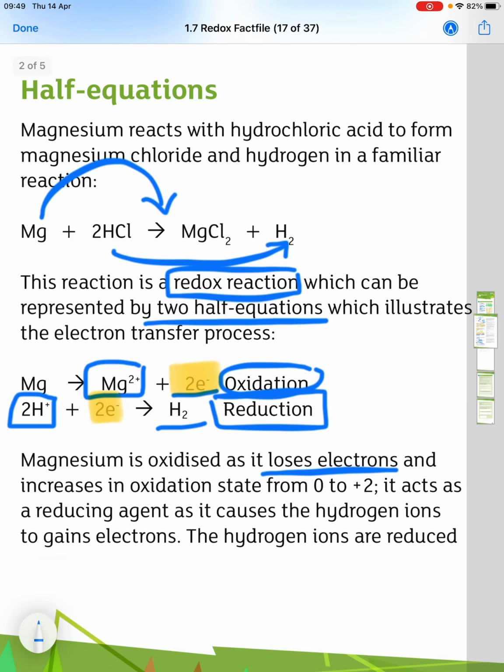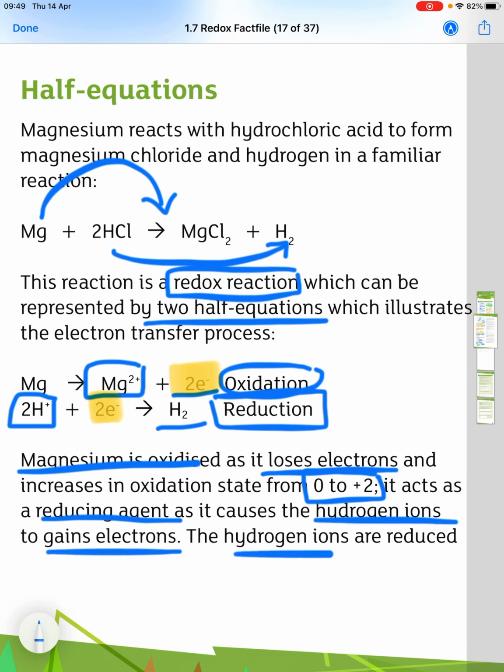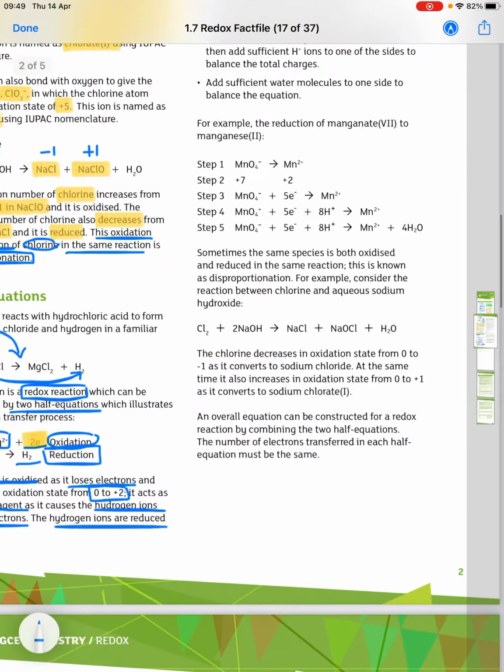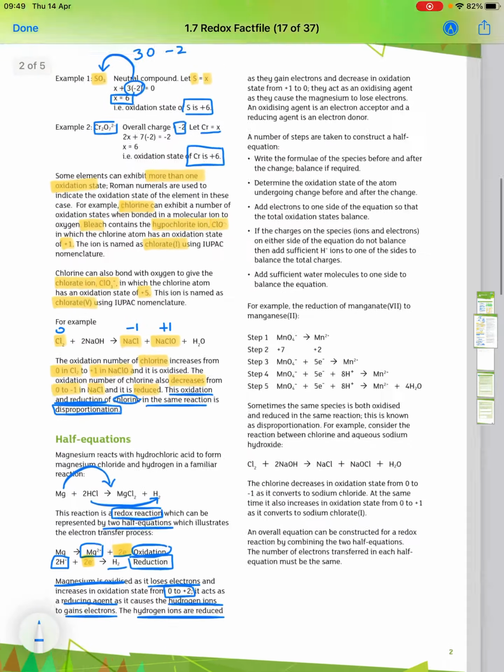So magnesium is oxidized as it loses electrons, and its change in oxidation state is from 0 to +2, and it acts as a reducing agent as it causes the hydrogen ions to gain electrons, and the hydrogen ions are reduced.